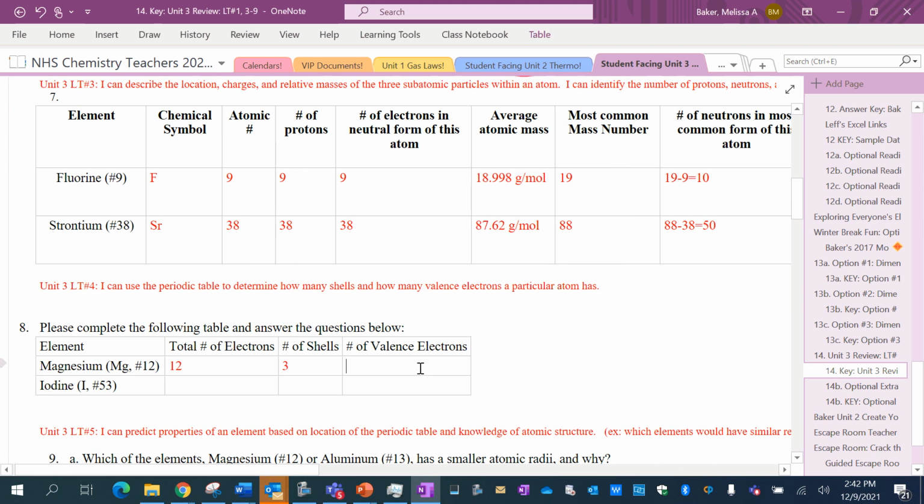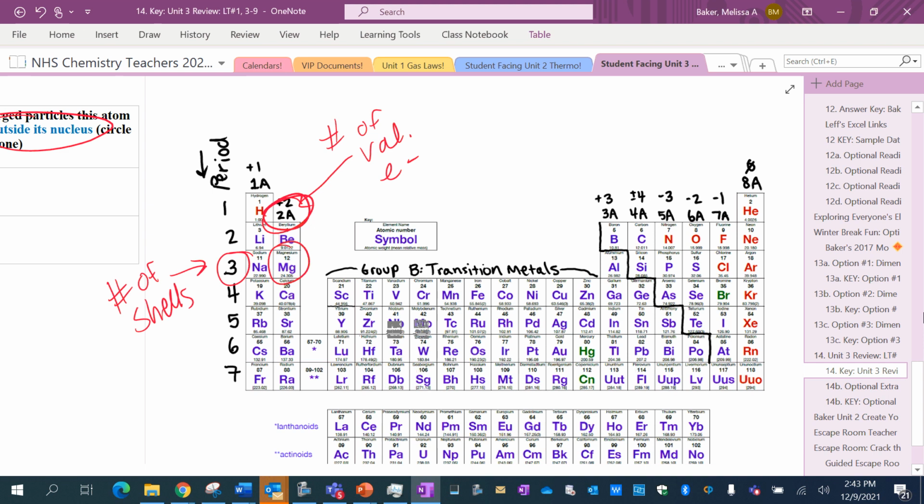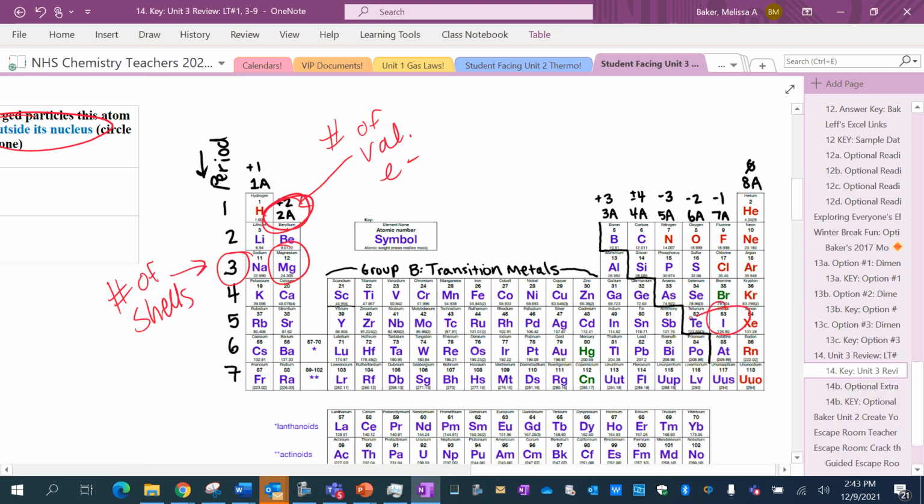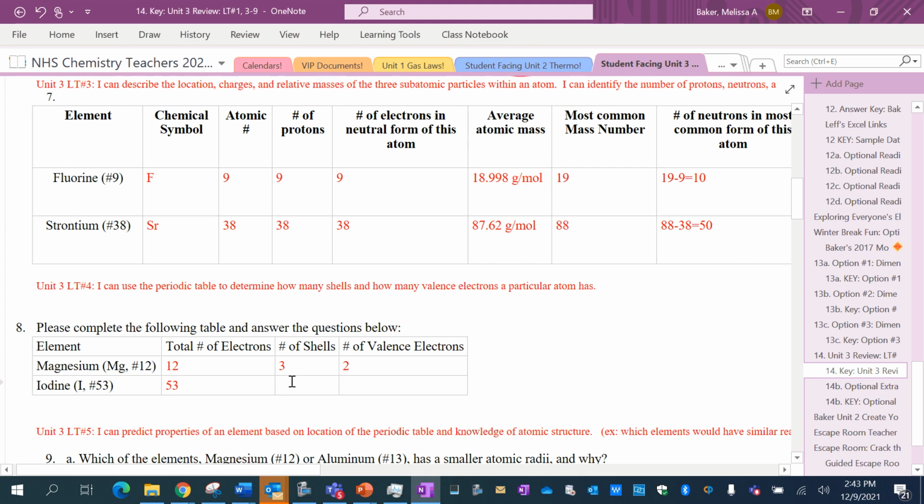So magnesium has 2 valence electrons. Iodine, number 53, has 53 total electrons. Iodine is right here. And so it's in period 5. And I see that it's in group 7A. Perfect.